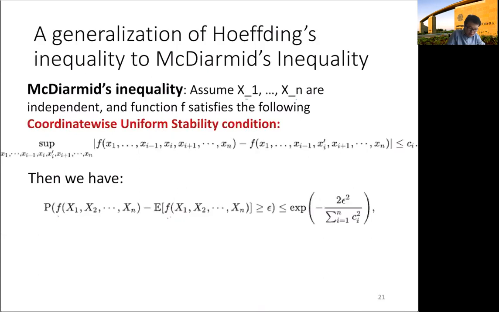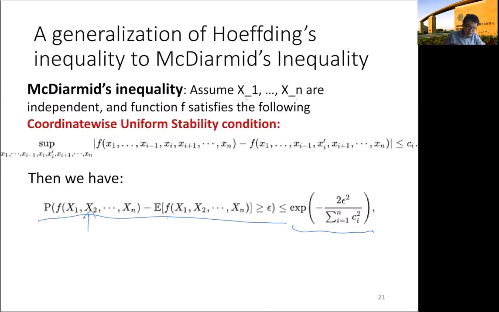It is still talking about the convergence of a random variable to its mean. This random variable, being a function of x1 to xn, has a lot of independent randomness hidden inside f, and it converges to its expected value. The McDiarmid inequality says it converges to its mean value very quickly, doubly exponentially, as epsilon gets larger.